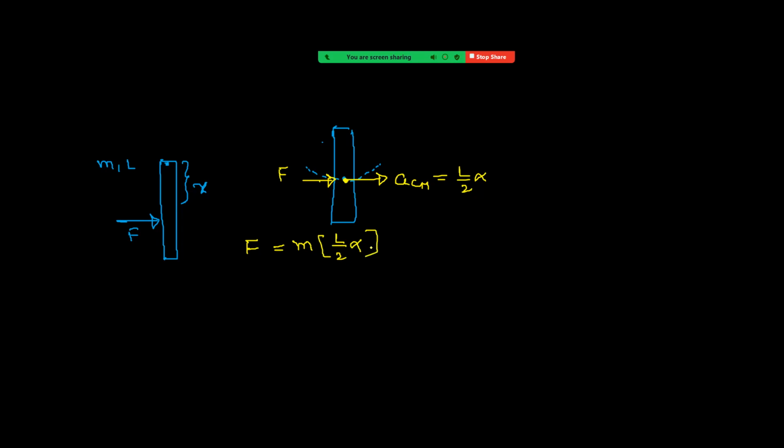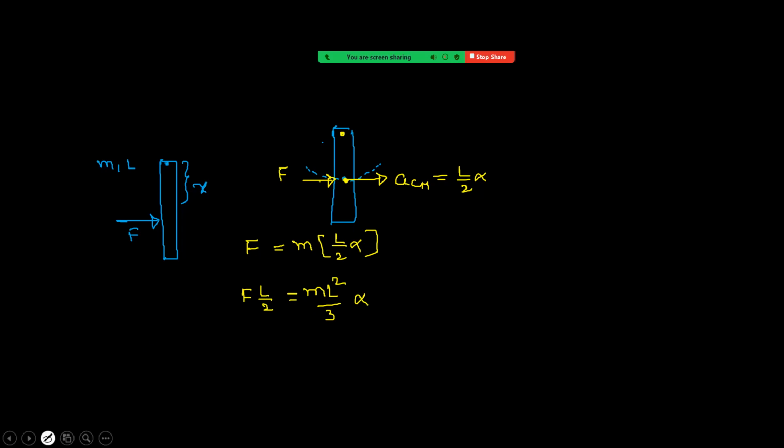Right? Now to find alpha, we have to take torque equation. Since rod rotates about a fixed end, take torque about same axis. That is F into L by 2, that is equal to I into alpha. I value is ml square by 3, rotation about one end of the rod, right? I alpha.